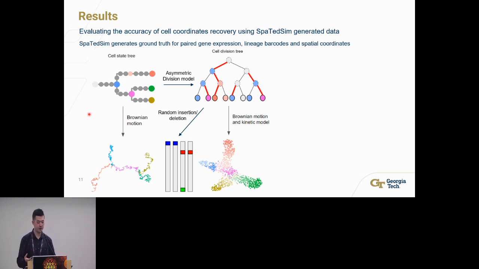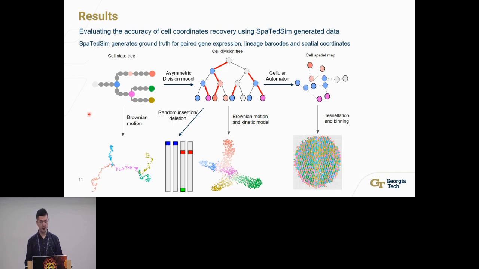We run asymmetric divisions on this cell division tree, and we are able to infer the cell states of each individual cell. Then we run another Brownian motion model with some post-processing, and we are able to get single cell RNA-seq data. And at the same time, we can introduce random insertions and deletions while iterating on the cell division tree, so we can get paired lineage data and single cell RNA-seq data.